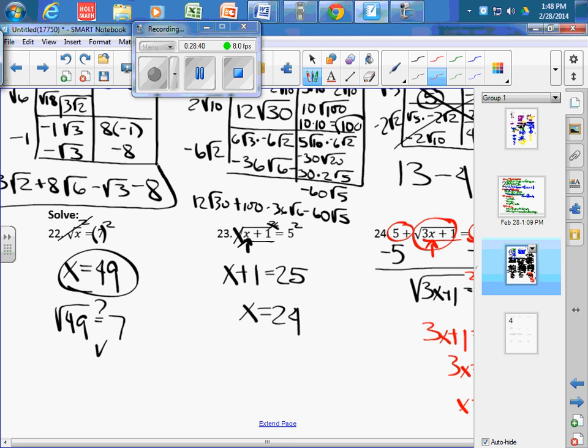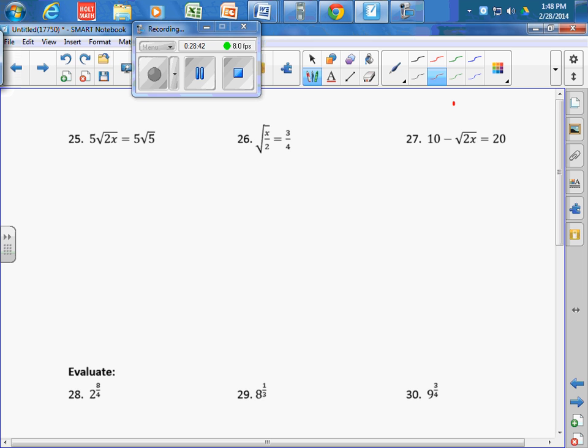Page 4. Well, page 3. If you have radicals on both sides of the equal sign, immediately square both sides. And when I say square both sides, you'd better be using parentheses. Here's the reason why. You're going to have 5 radical 2x times 5 radical 2x.